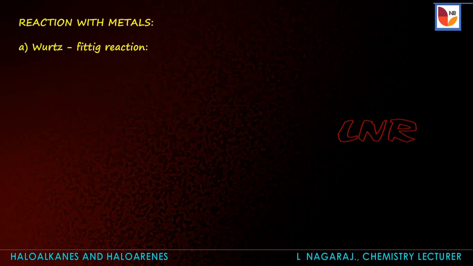Next, let us see the reaction of aryl halides with metals. The first one is the Wurtz-Fittig reaction. The Wurtz reaction means it contains only alkyl halides. In the Wurtz-Fittig reaction, it contains both the aryl halides as well as alkyl halides. That is, ArX reacts with sodium metal in the presence of alkyl halides.